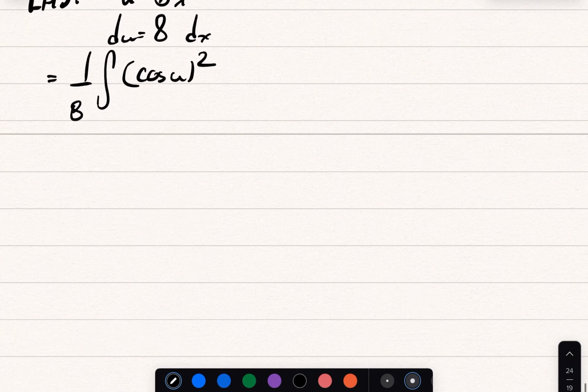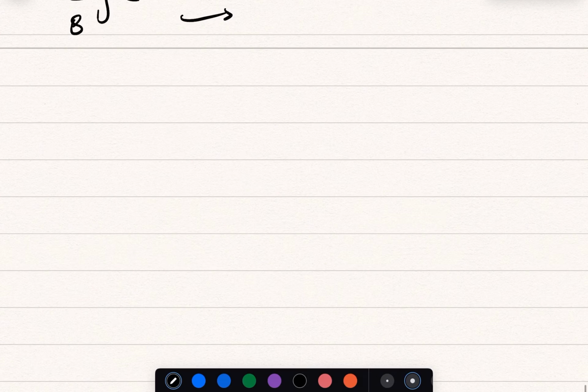Now, cos squared u has a sum to product rule. Now, I don't think we'll be tested on this sum to product rule, but if you ever wondered how you want to get it yourself, just think about it like this. All of them are always 1 over 2 times.